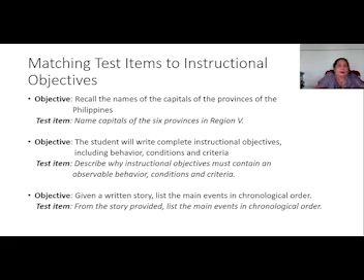Let's go to the third one. The objective is, given a written story, list the main events in chronological order. The test item is, from the story provided, list the main events in chronological order.